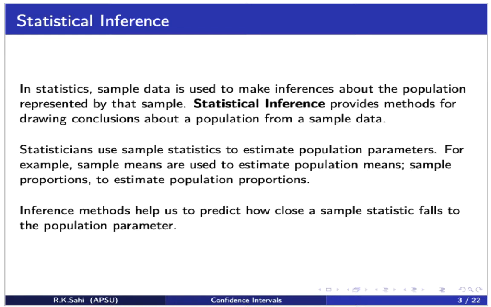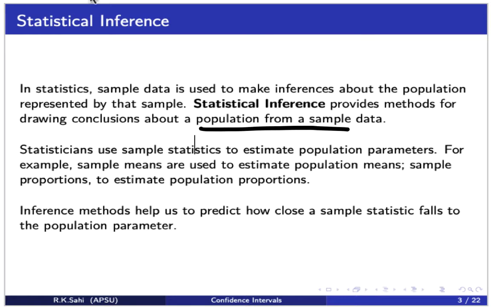So in order to make some kind of analysis for such a huge population, we take a sample set and then use that to make inferences about the whole population. That's why statistical inference is a very important part. Here it tells us methods to make conclusions about a population from sample data.